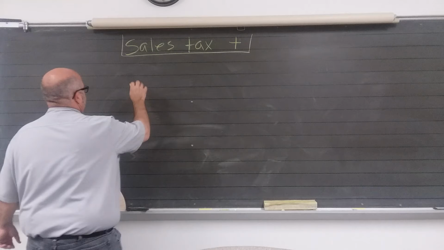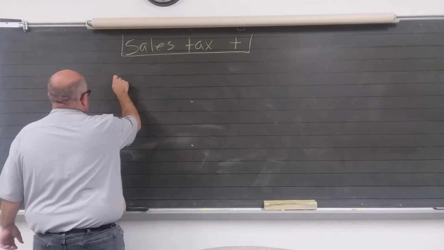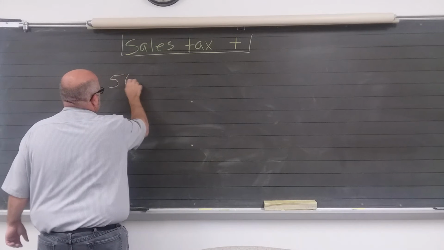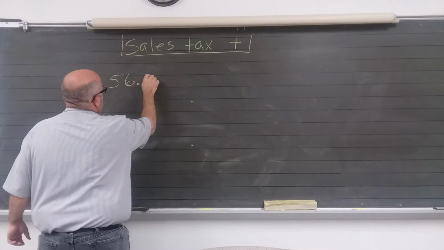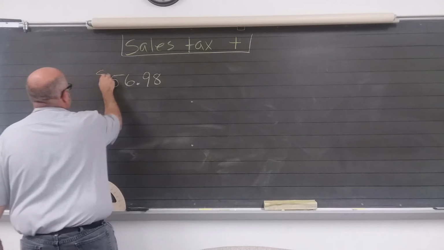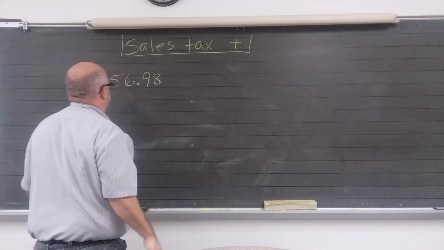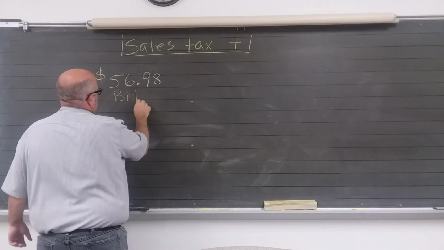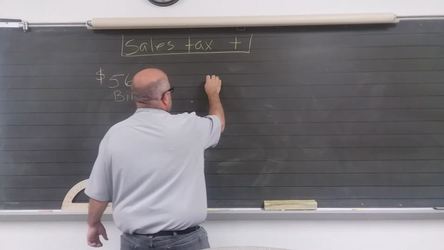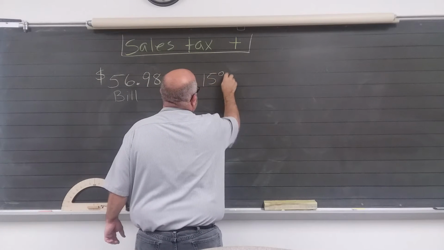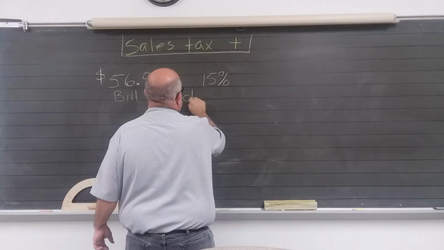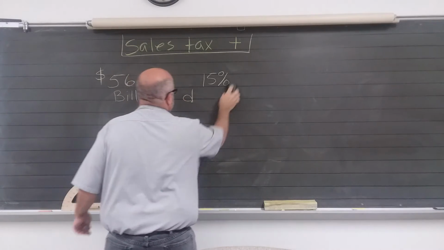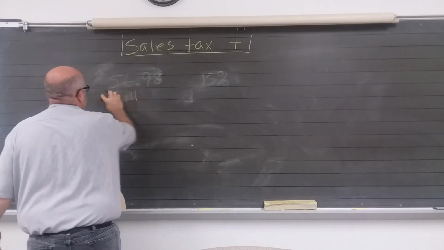Well, let's do a little more. Guy's bill is $56.98. Okay? That's what his bill is. The store is giving a 15% discount. Actually, let's come over here. Give us room in the middle to do our work.